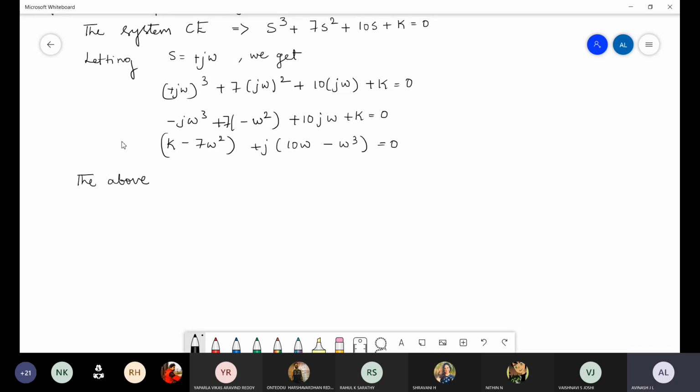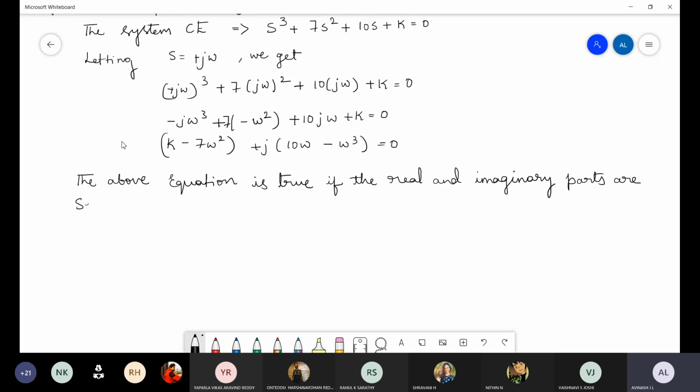The above equation is true if the real and imaginary parts are separately equal to 0.